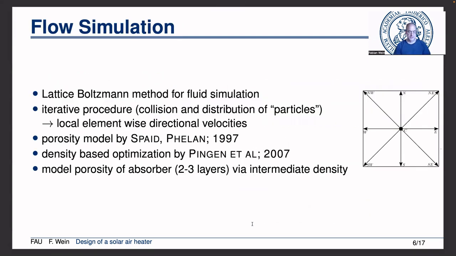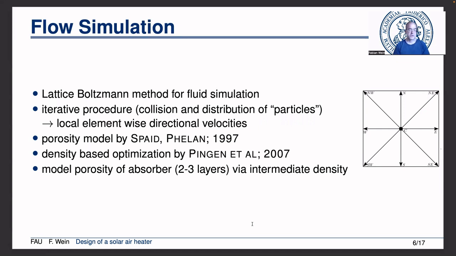We then use the absorber for the flow simulation, and the flow simulation we do by use of the Lattice Boltzmann method. The Lattice Boltzmann method is an iterative procedure where we have collision and distribution of virtual particles. With some numerical effort, what we get as output is an element-wise directional velocity.